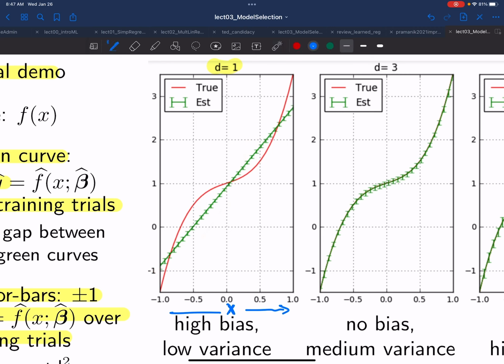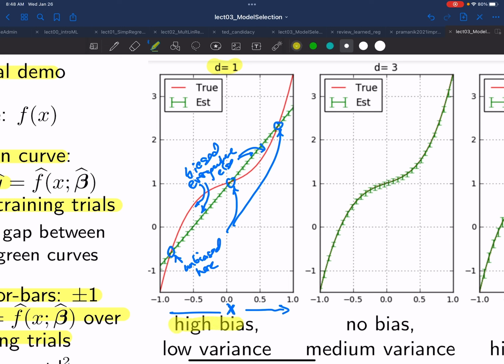So you could say that it's unbiased here, and it's biased everywhere else, which is look at the gap between the true noiseless model and the average of my predicted models. Okay, so we would say that this has a lot of bias in general. But if you look, the error bars are pretty small, so you could say it's pretty low variance.